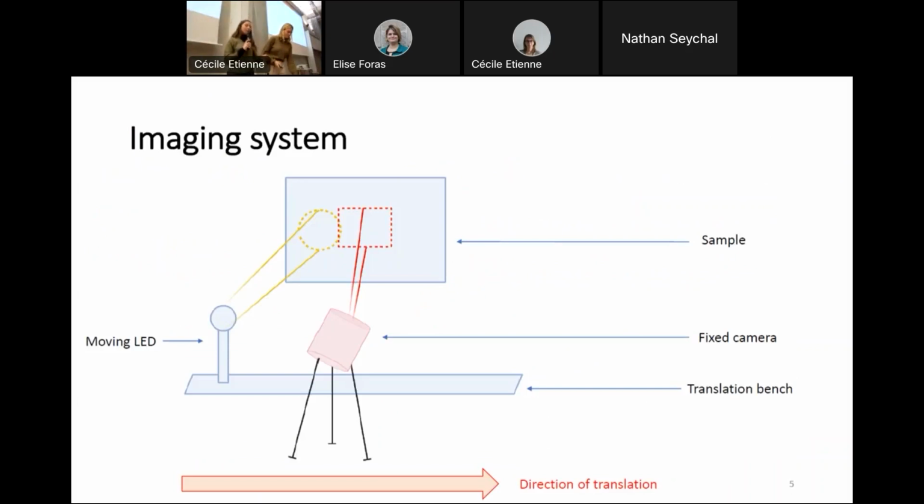So to obtain the classification, we had at our disposal a gloss scanner made up of LEDs in front of the leather sample, and a cooled camera placed behind and above the sample and aligned with the sample.